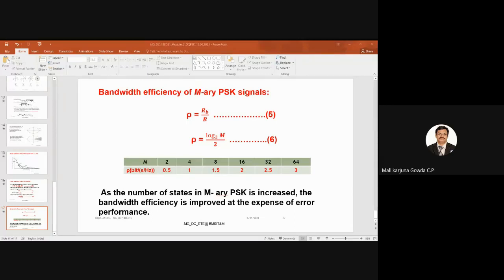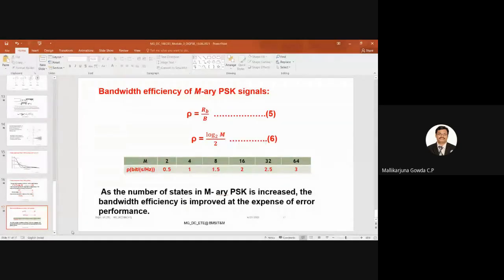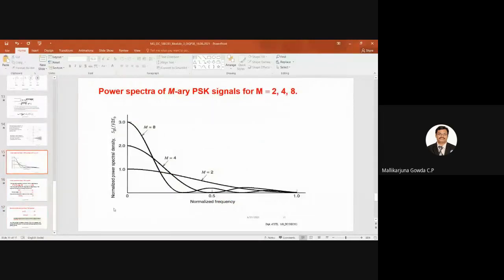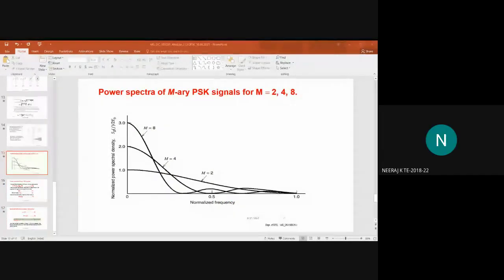Yes, Neeraj. Yes, sir. Can you just tell me how the bandwidth efficiency increases or decreases with an increase in M? Sir, if M increases, the bandwidth efficiency improves, sir. Improves. Okay. Can you just tell me for some value of M, what is the bandwidth efficiency?